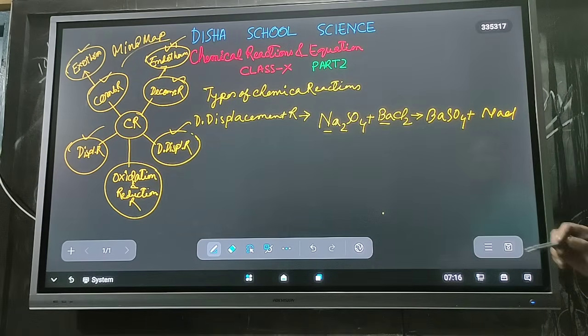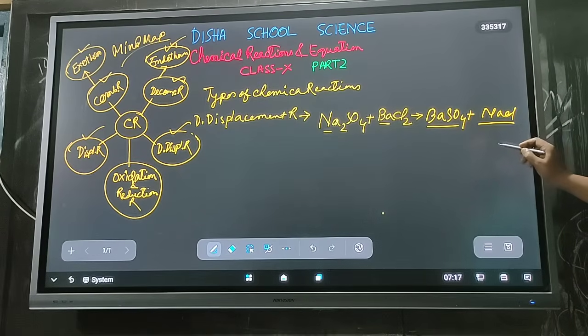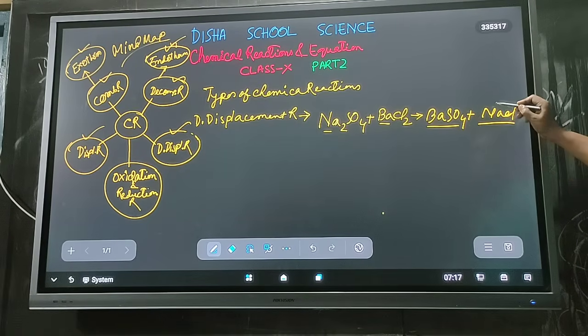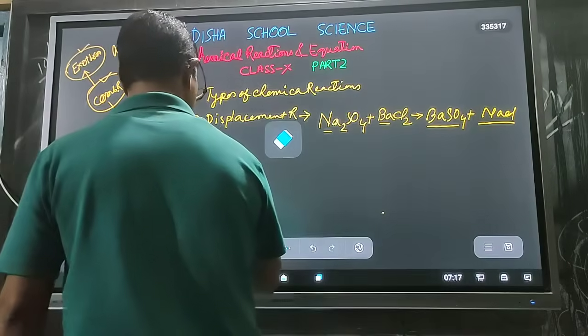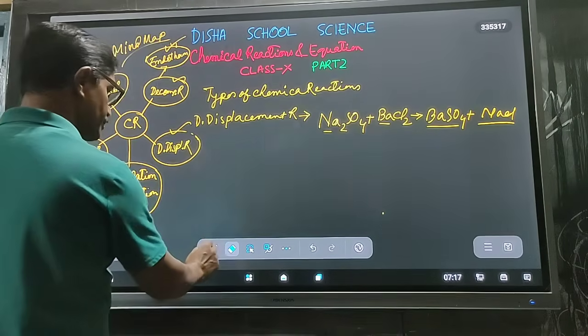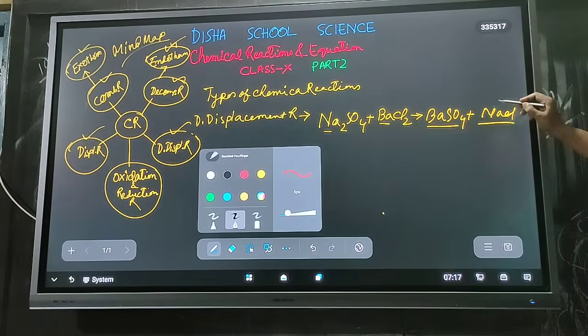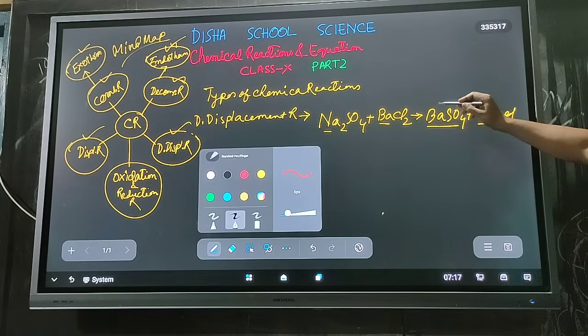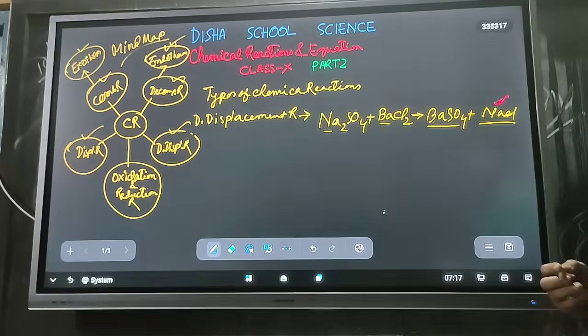Okay. So in this product side, if you see these two products, compared to sodium, it is very important. Barium is less active than sodium. Sodium is a very active metal, it reacts quickly.